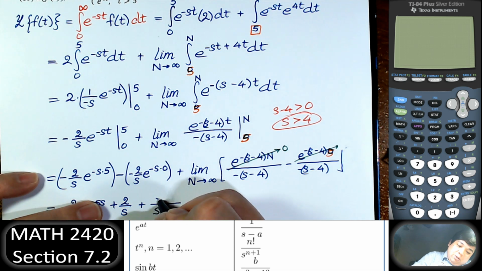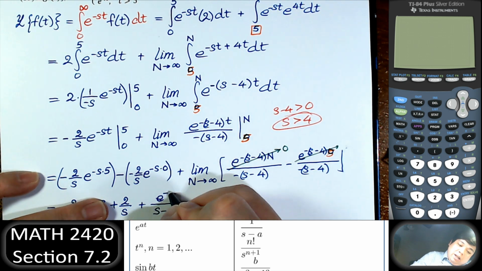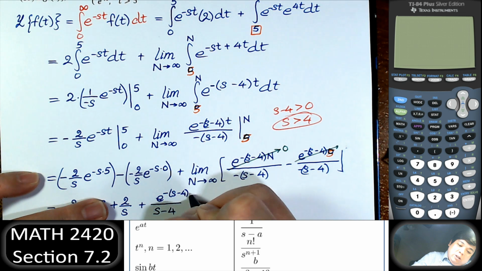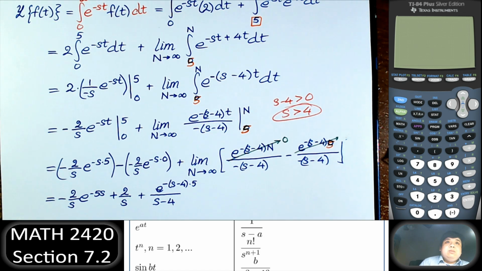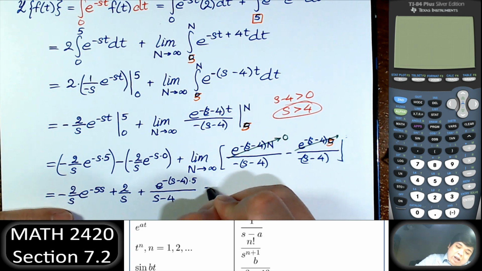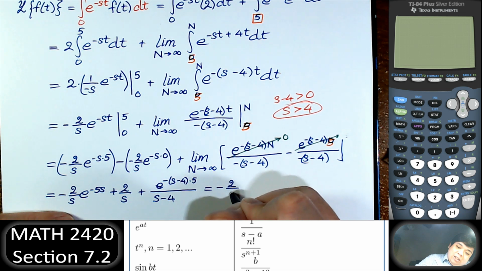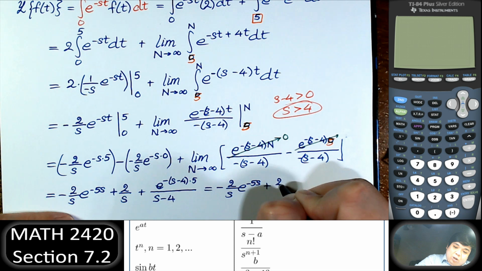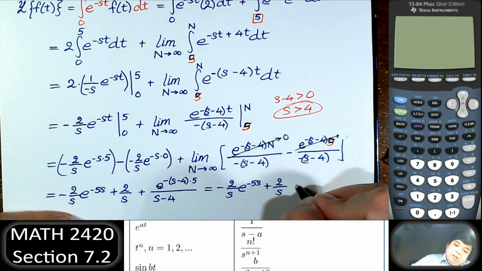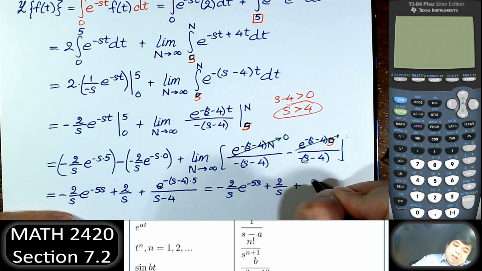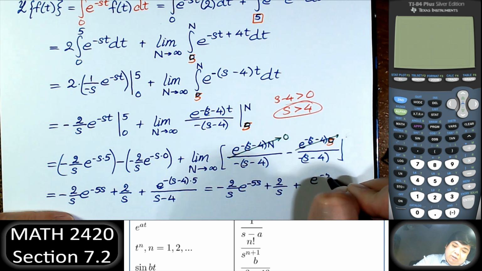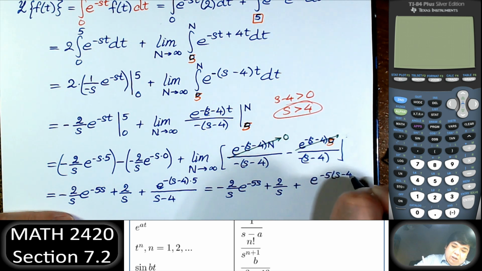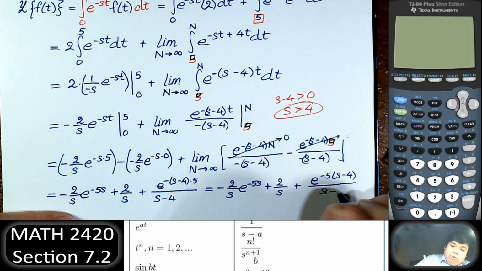So we just have e to the negative s minus 4 times 5. So to rewrite this, we have negative 2 over s e to negative 5s plus 2 over s plus e to the negative 5 s minus 4 over s minus 4.